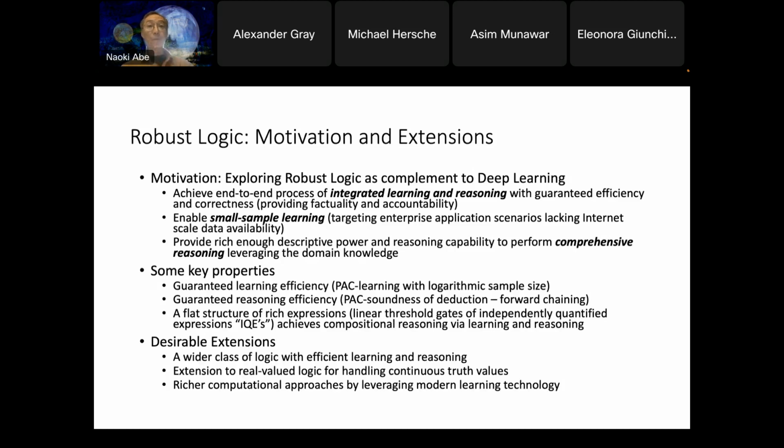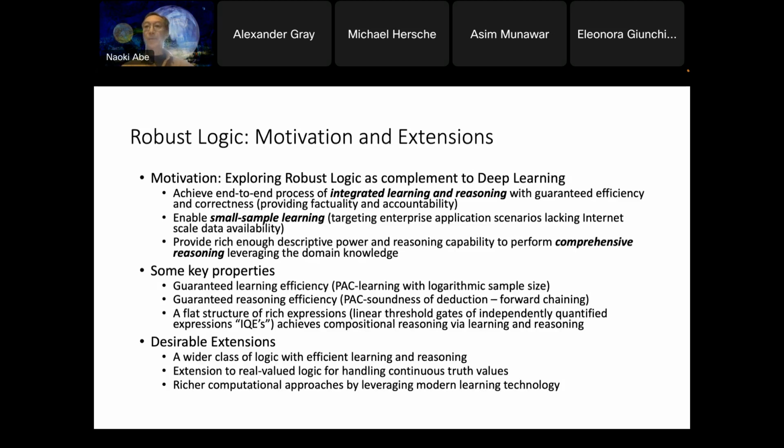The first motivation of robust logic is that we want to integrate learning and reasoning with guaranteed efficiency and correctness. I think this is very important in today's environment, especially as something to complement deep learning, to provide factuality and accountability.